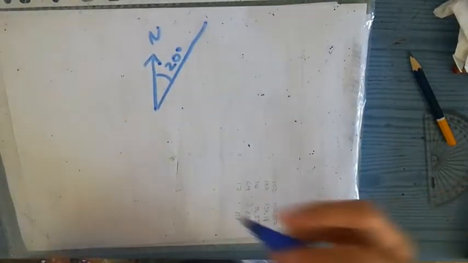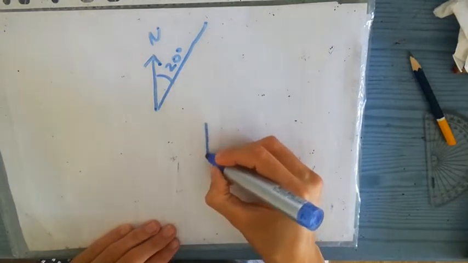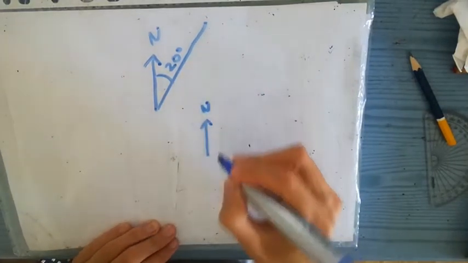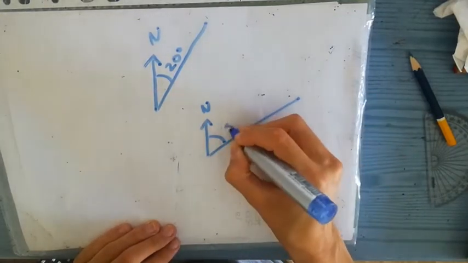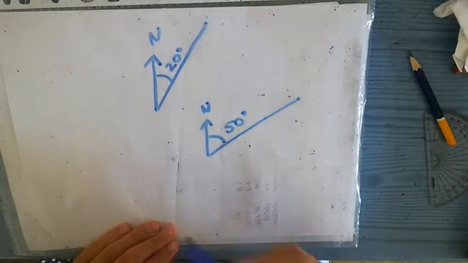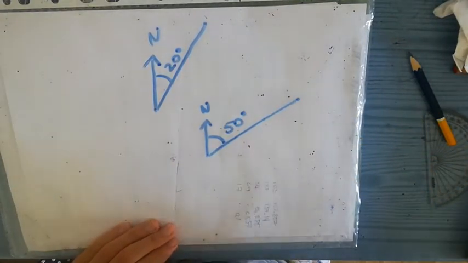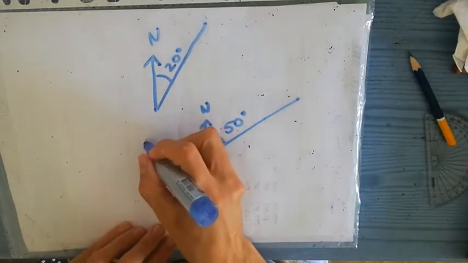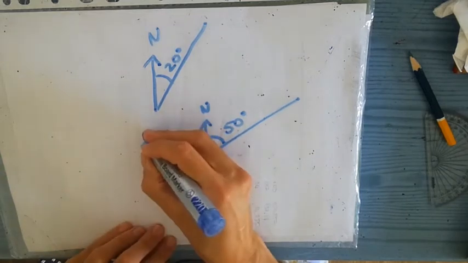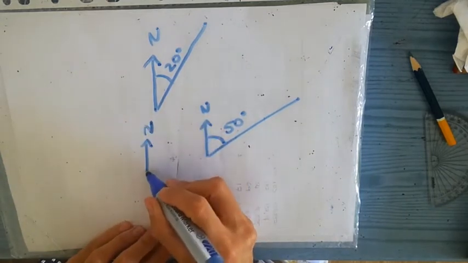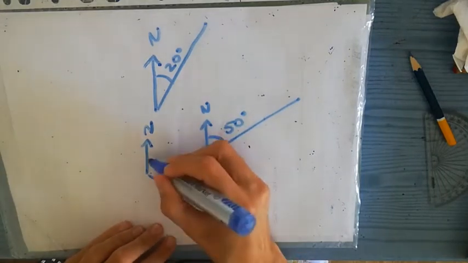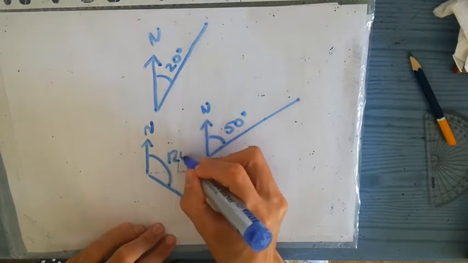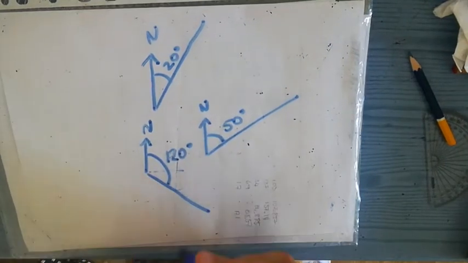If I've got 50 degrees, again, you have to know where your north is, and you calculate from your north all the way to 50 degrees. If you are told at a bearing of 120, you draw your north, you know where your north is, you know that here it's 90 degrees, and 120 is somewhere over here. So at a bearing of 120 degrees. So this is what bearings mean, okay?